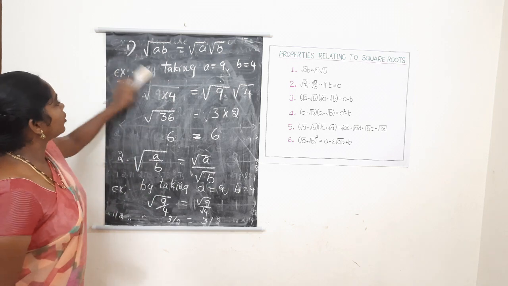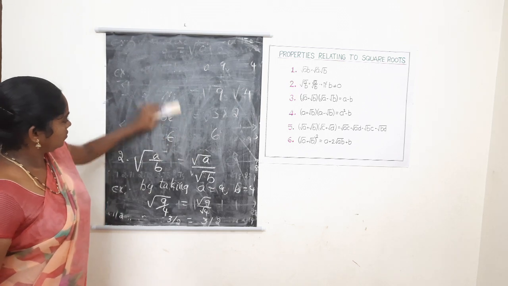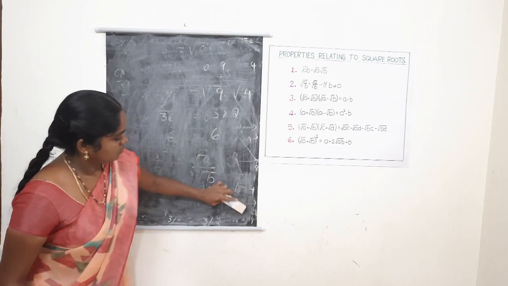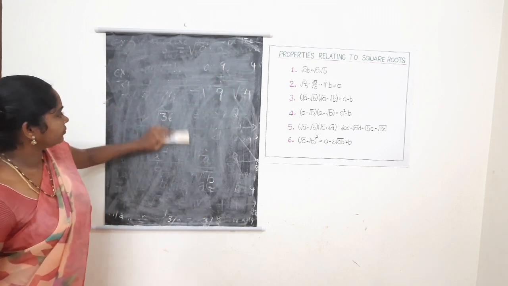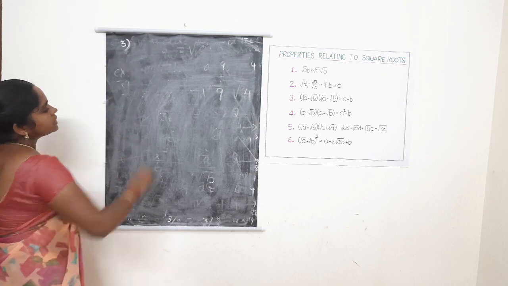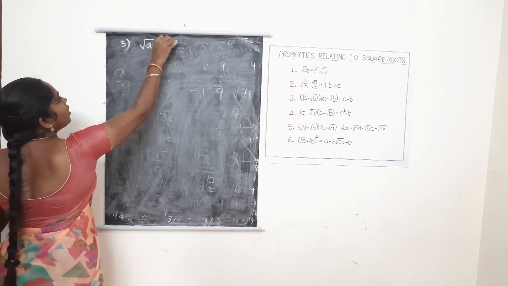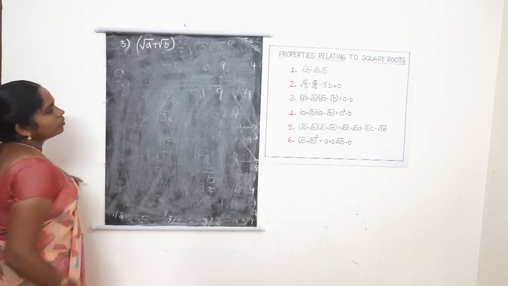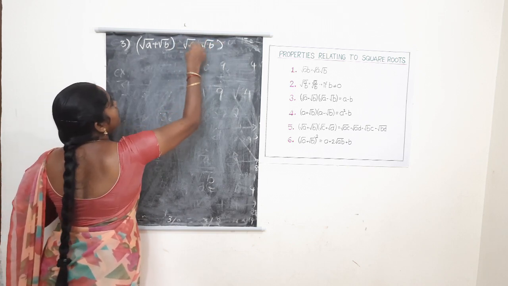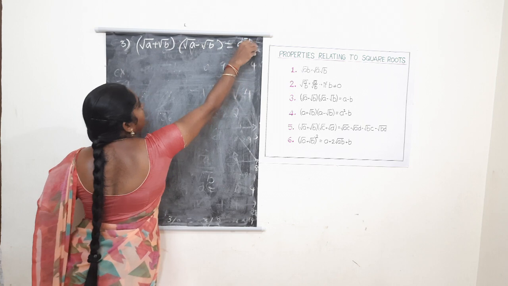Next, third property is square root of a plus square root of b into square root of a minus square root of b equal to a minus b.